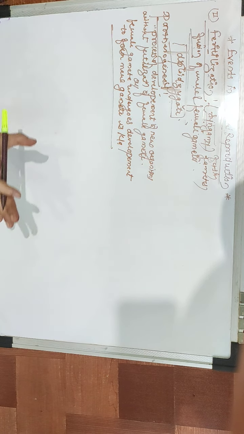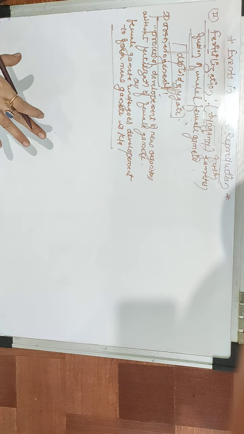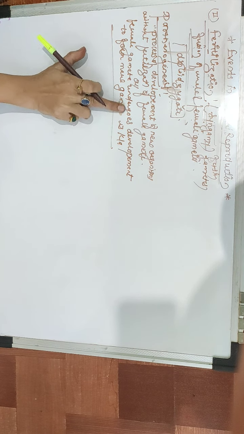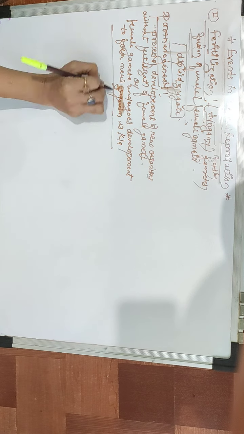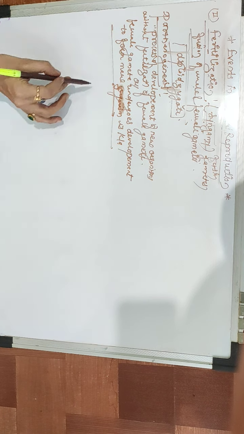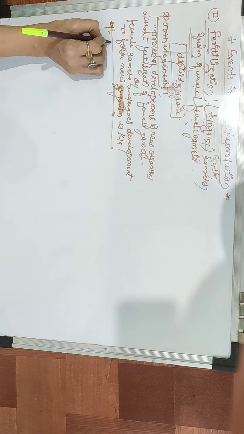So in simple words, only the female gamete undergoes certain development, and only the female gamete forms a new organism, okay, without any fertilization with the male gamete. This process is known as parthenogenesis.